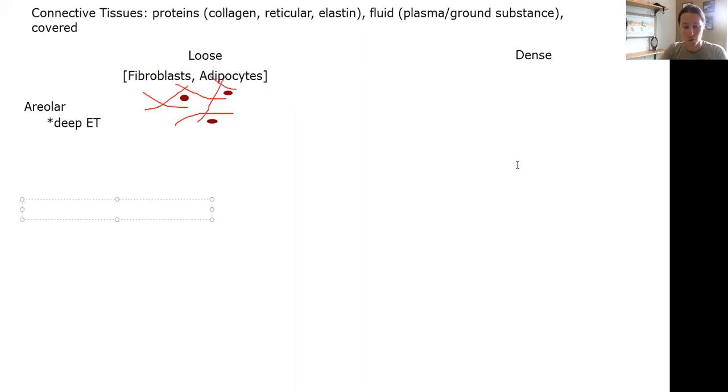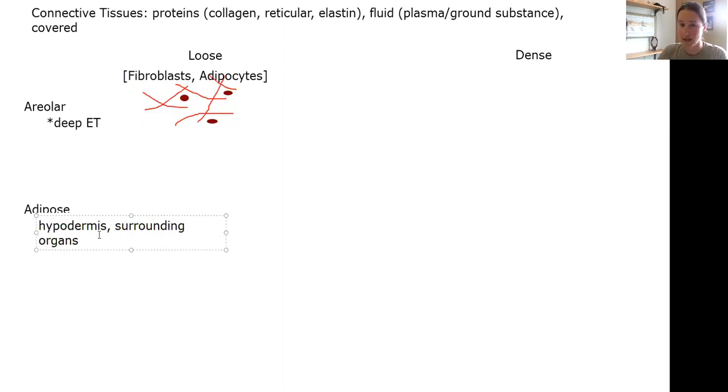Next, we have loose adipose connective tissue. Yes, adipose is fat. Fat is found, for example, in the hypodermis, at the deepest part of your skin. Adipose is surrounding organs.